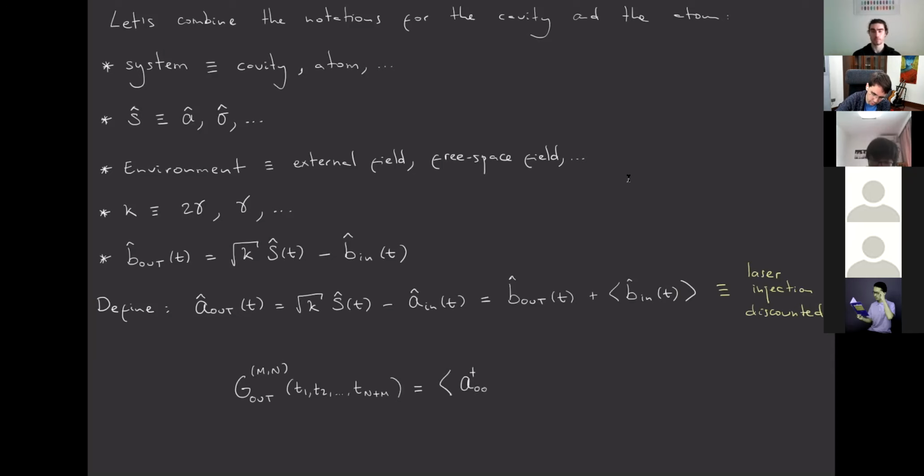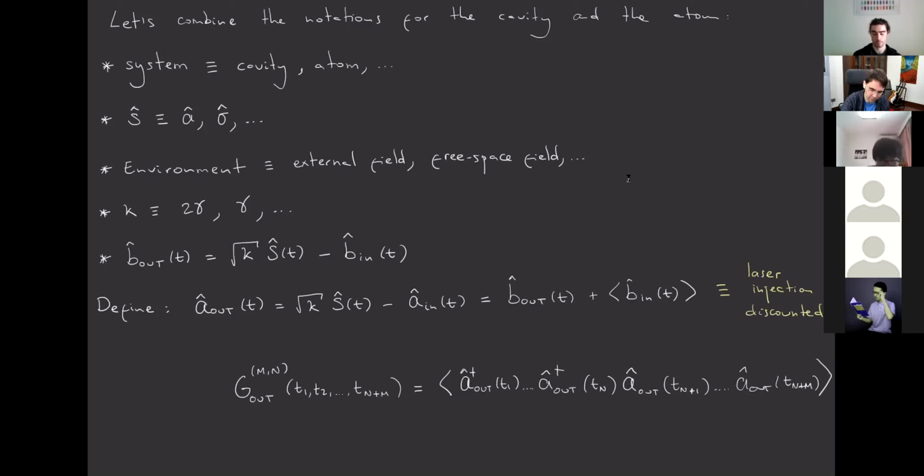It's A dagger out at time T1, then at time T2, all the way until time Tn, and then A at time T n plus 1, so another independent time, times time n plus 2, and then all the way up to time n plus m.